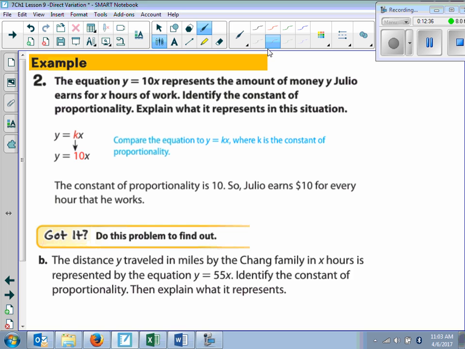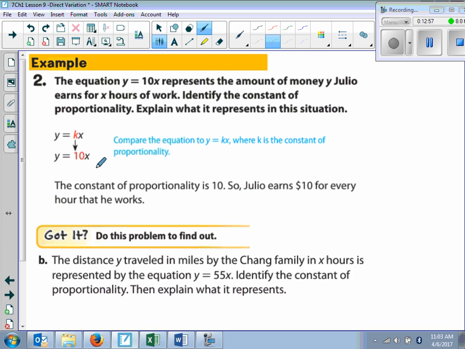It's 10. Does everybody see that? Remember, in the equation y is equal to kx, the constant of proportionality is k, and in this one, it's 10. Well, we want to know what it means.